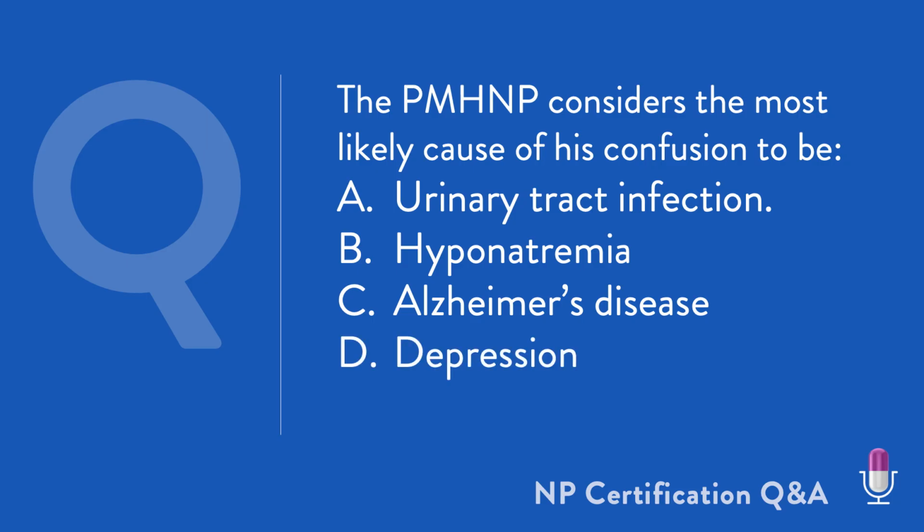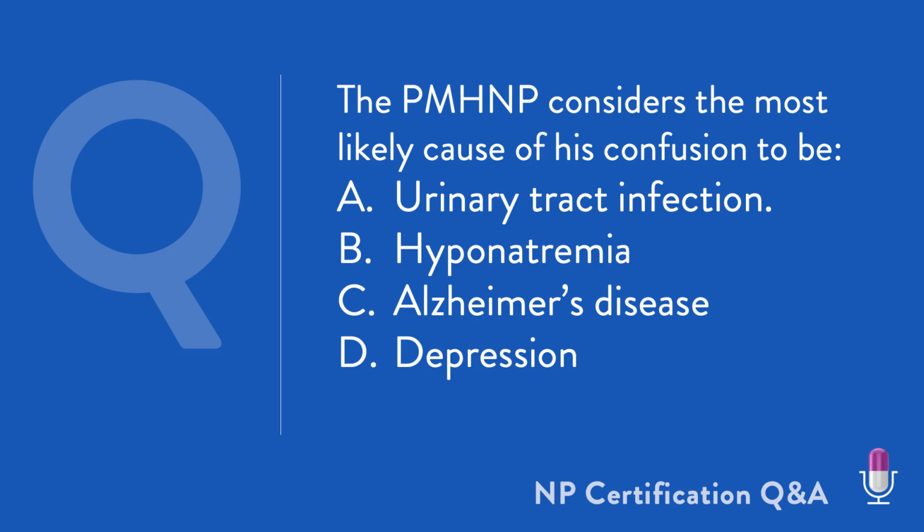So this is, again, an evaluation question here. The patient is on a plan of care, and you are seeing the patient in follow-up evaluating the response to that plan of care. And so he was put on sertraline. He comes back. It's been 2 months. He's on a very reasonable dose, 100 milligrams a day, and now he's confused and forgetful.